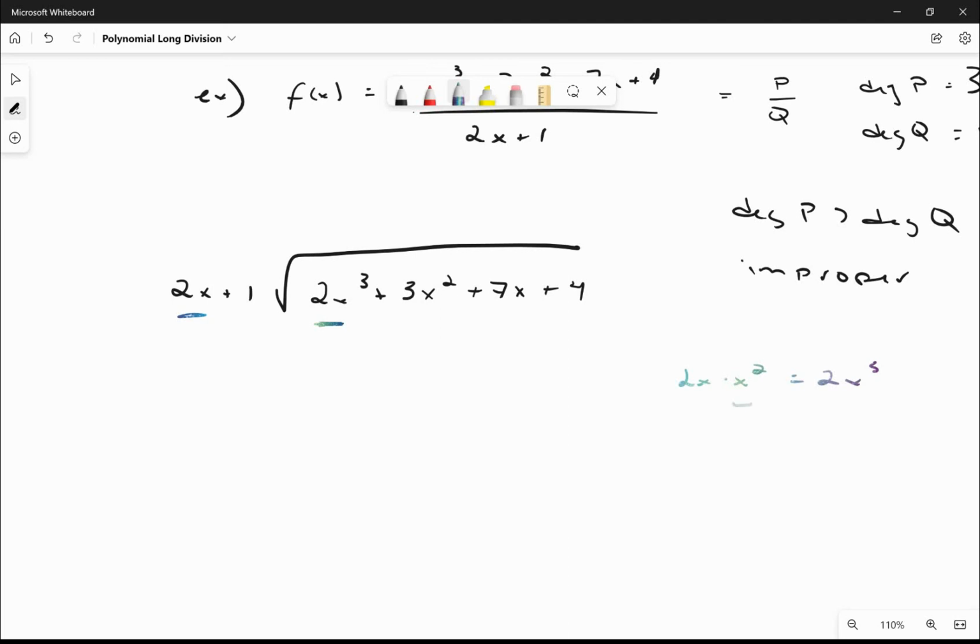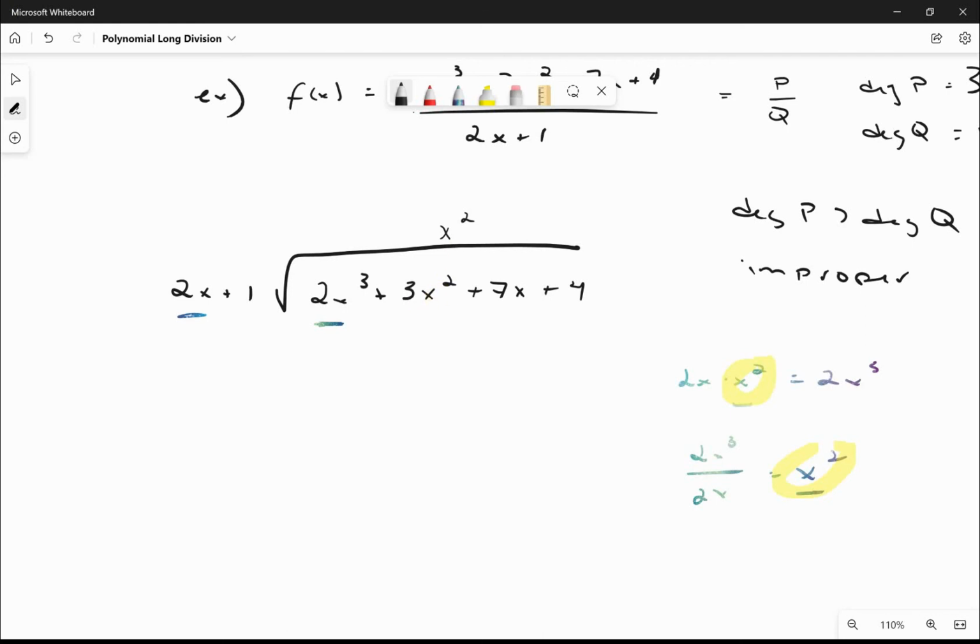Another way to do this is to say 2x cubed divided by 2x gives you x squared. So we put that up on top of the radical sign, and to keep everything in the right place, we put this x squared term over the squared term in the dividend.